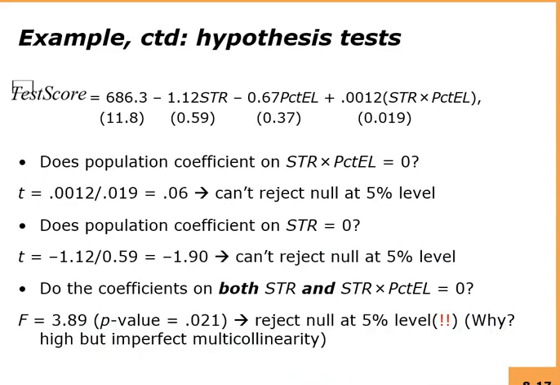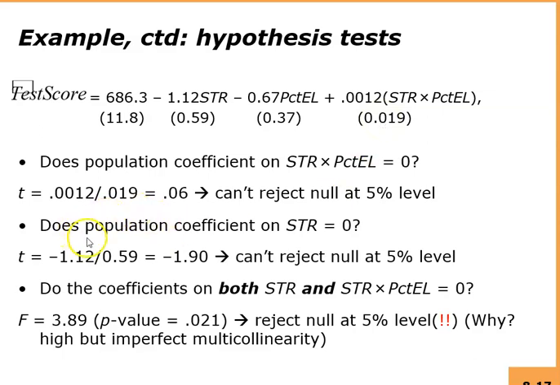So once again, coming to hypothesis testing post-estimation, when we test the null hypothesis that the population coefficient on the interaction term is equal to 0, we cannot reject this null hypothesis at the 5% level, and you can simply calculate the t-stat by using this coefficient and the corresponding standard error.